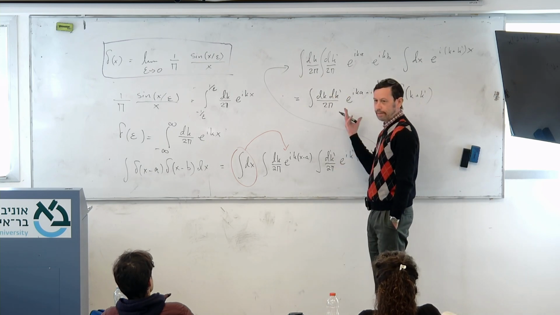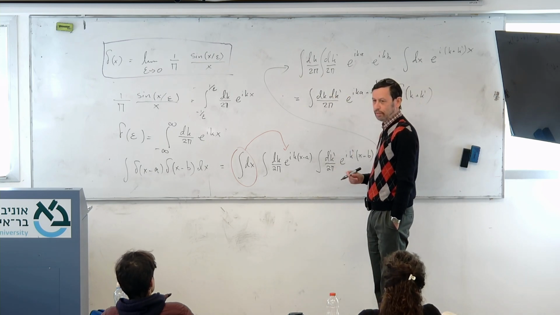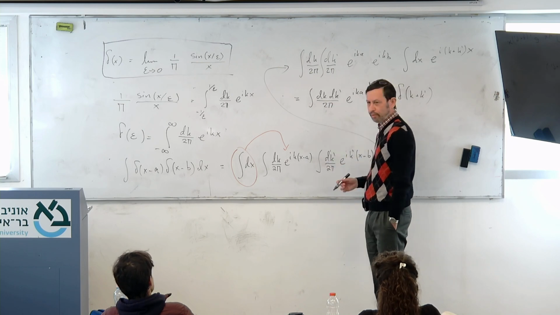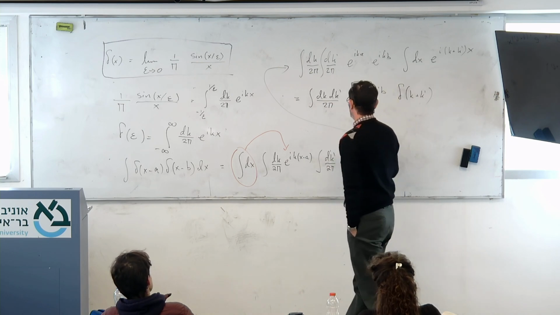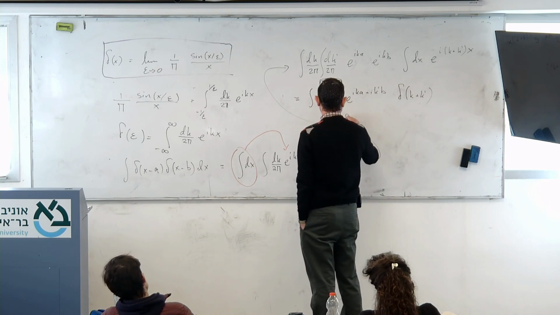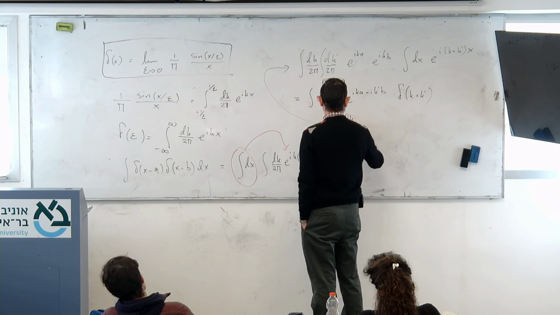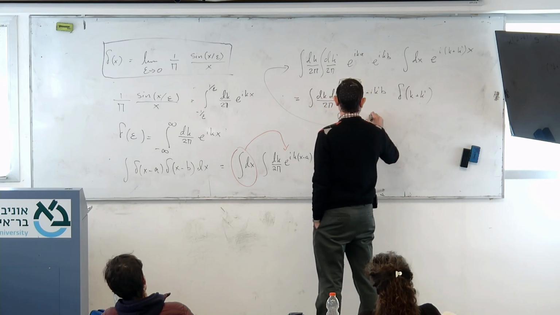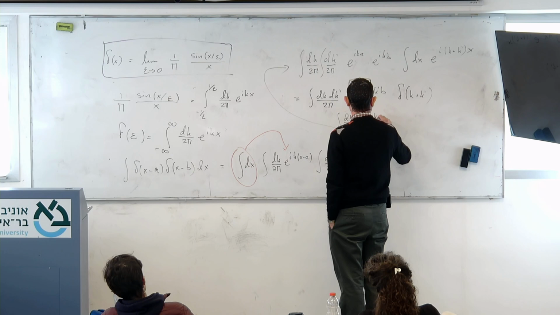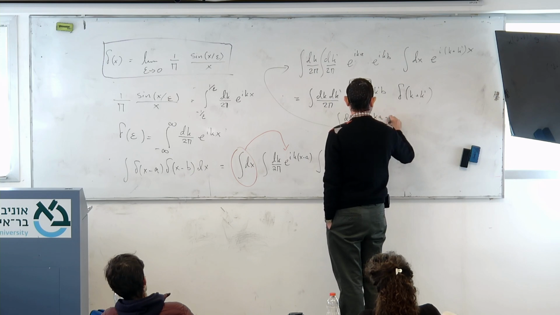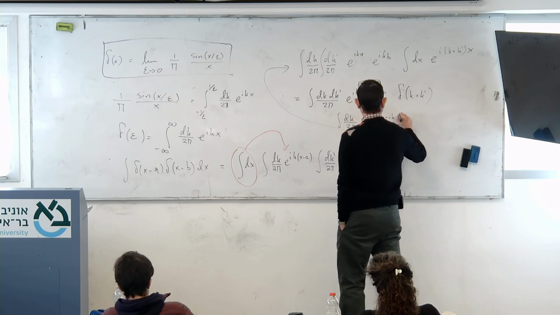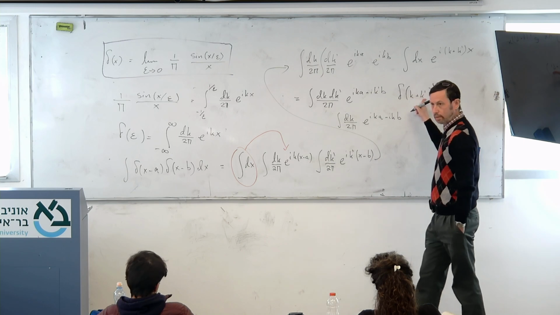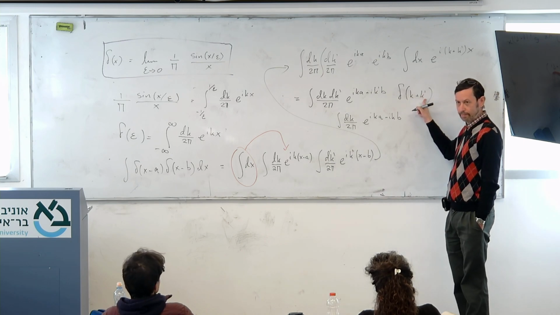Perform one of the integrations, let's say over dk prime. It's minus because here it's k plus k prime.